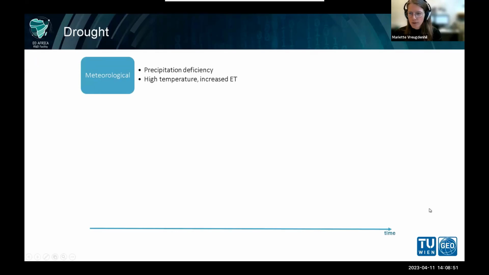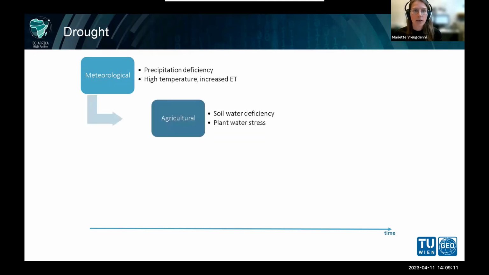So to start with, a quick overview of drought, which many of you might already know, but if not, here we just go through it shortly. A drought usually starts with a meteorological drought, which means that we have precipitation deficiency or high temperatures and increased evapotranspiration.